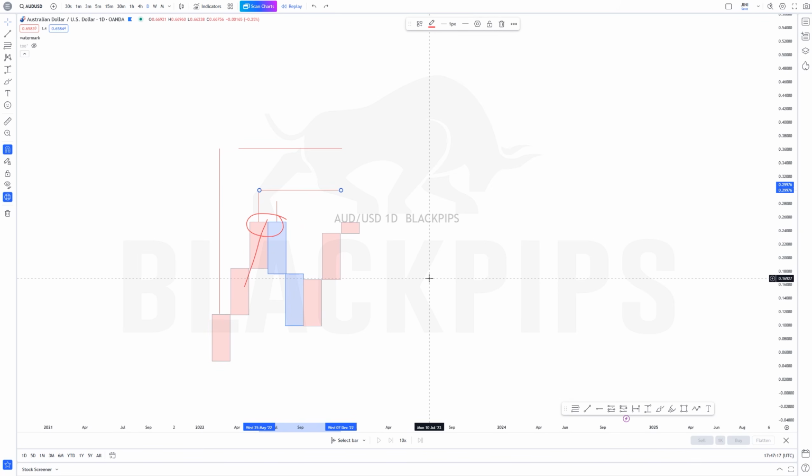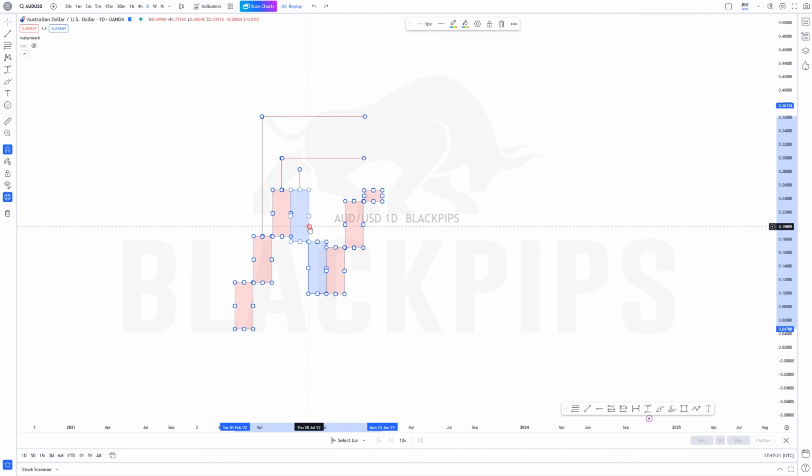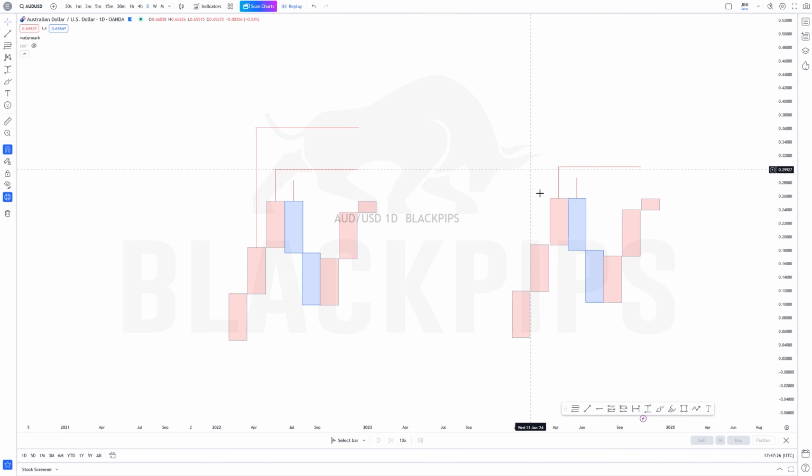But you may also find a scenario like this. Let's say this was the bullish candle, then this was the bearish candle, like this. You may find something like this.